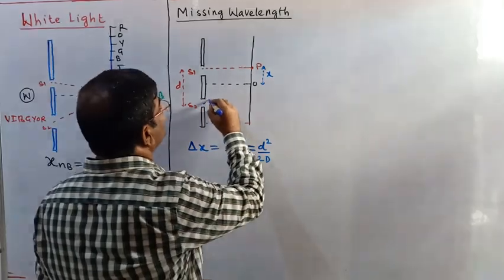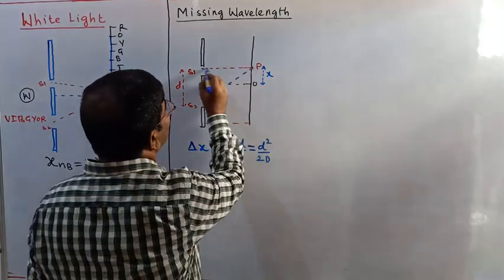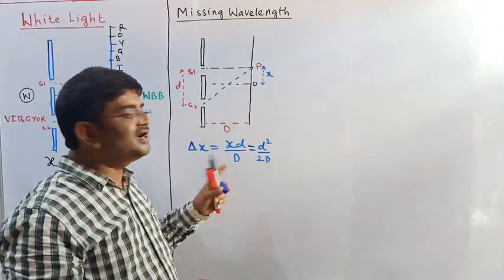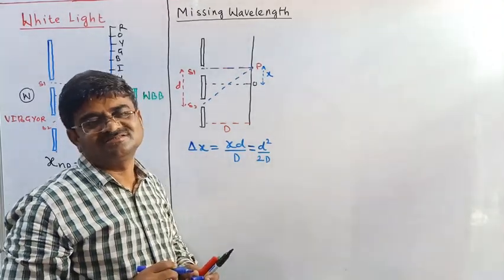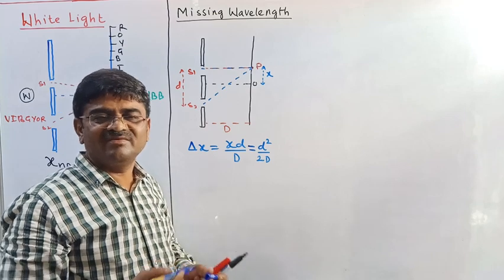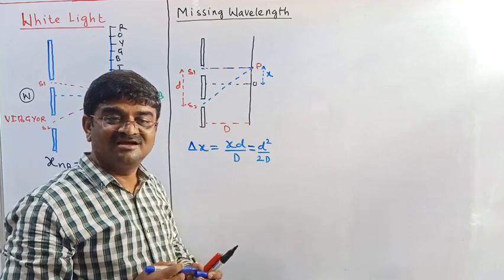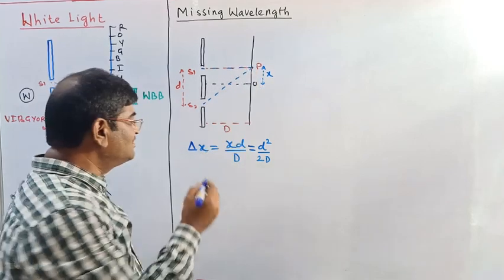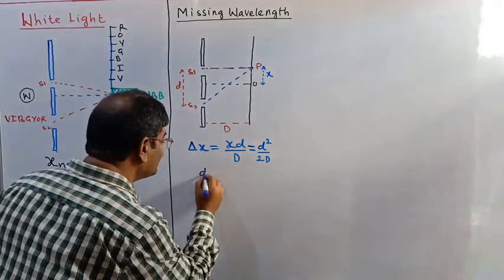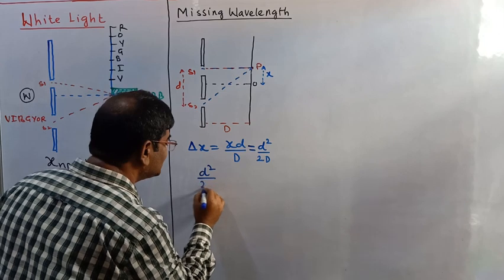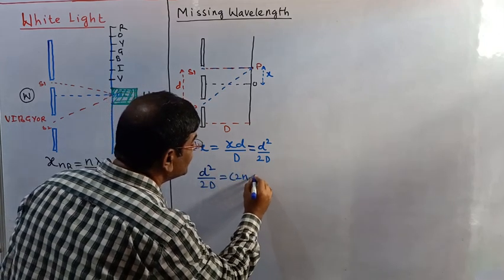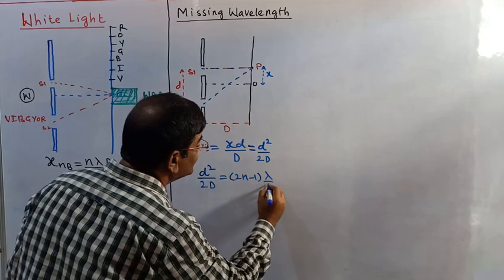If these two waves superpose in front of any one slit, the path difference is this much. And once I have the path difference, I want the missing wavelength. For a dark band, the path difference, which I have here as d square by 2D, should be equal to (2n minus 1) lambda by 2.